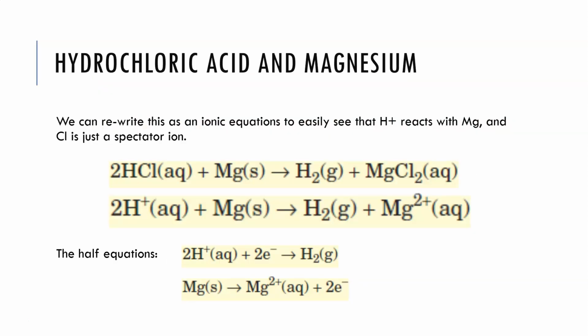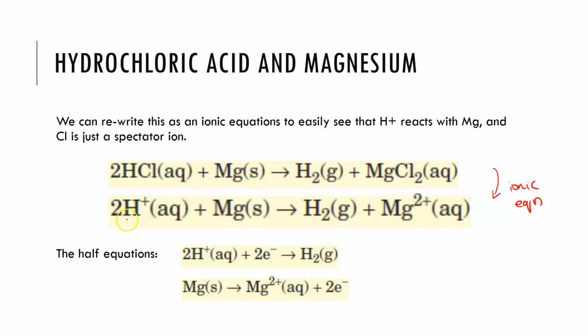When we look at other reactions, such as the reaction between hydrochloric acid and magnesium, you may remember from our acid-bases unit, we said this is not an acid-base reaction in the typical Bronsted-Lowry sense. This is actually a redox reaction, and we can see that by the change in oxidation numbers. If we take this full balanced equation and write the ionic equation, removing the spectator ions, Cl- in this case, from left and right, we are left with 2 lots of H+ plus magnesium solid going to H2 gas and magnesium ions.